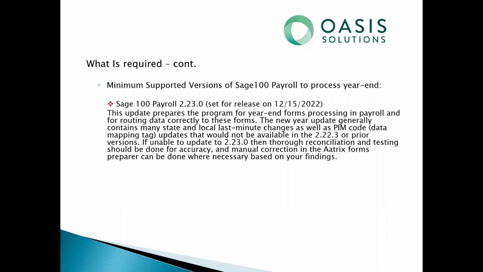It also will contain additional updates from state or local governments that any last-minute changes they may have enacted or maybe going into effect, and mappings for those. So those updates would not likely be available in your 2.22.3 or prior payroll versions.